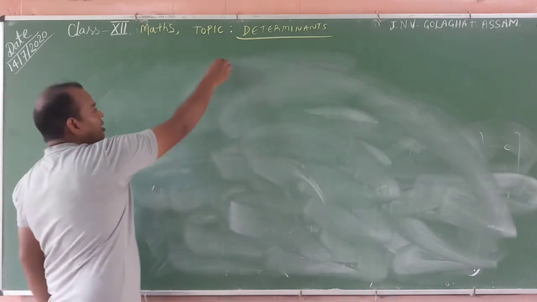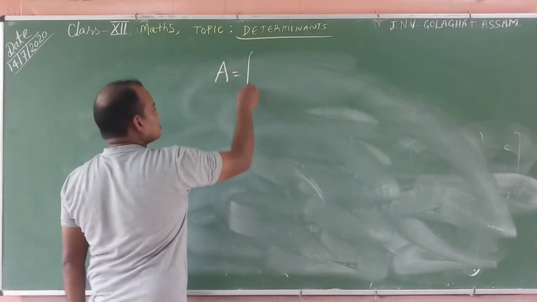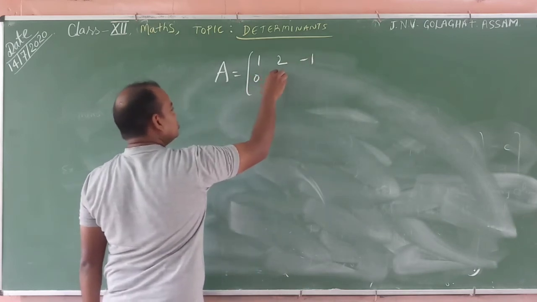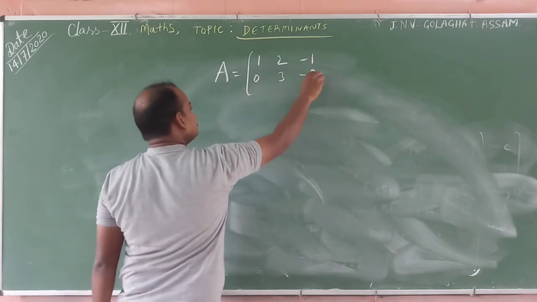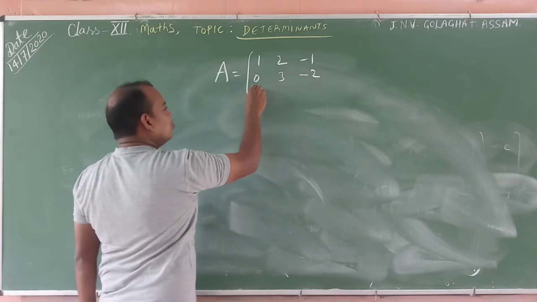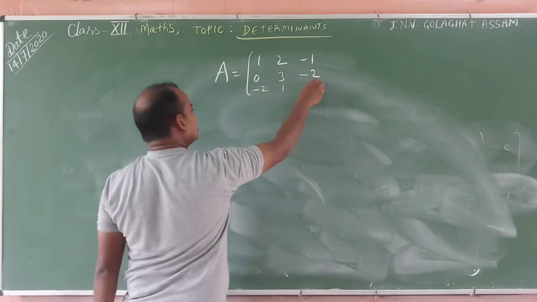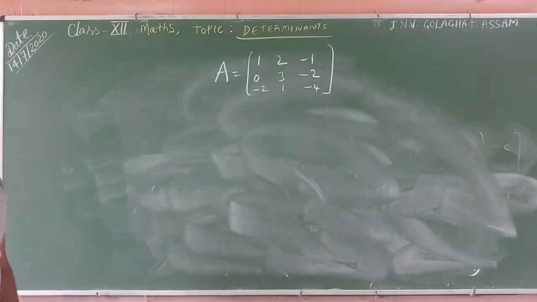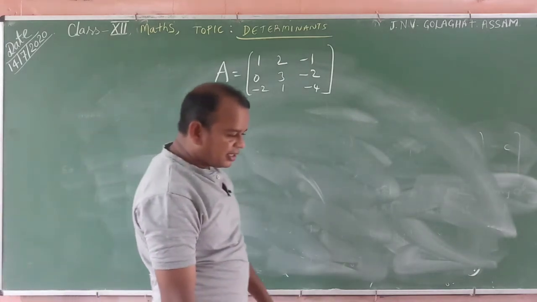Now we will take A is equal to, suppose, 1, 2, minus 1, 0, 3, minus 2, minus 2, 1, minus 4. This is the 3 by 3 matrix. Now we can find the determinant of the matrix.